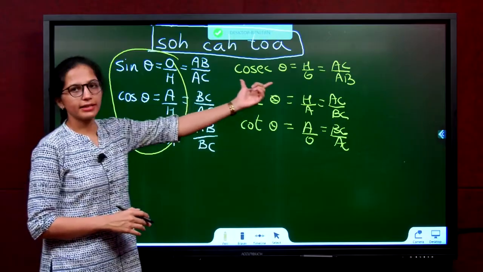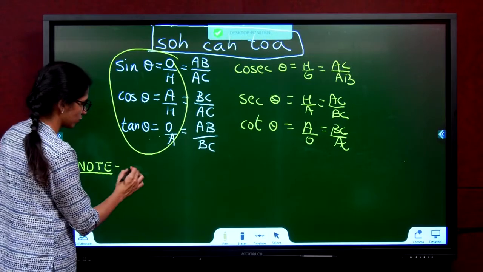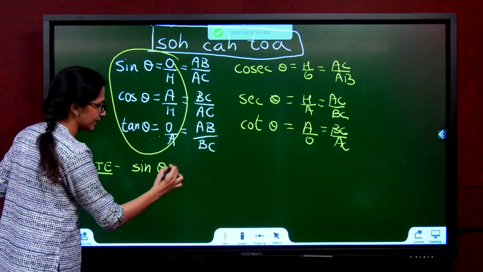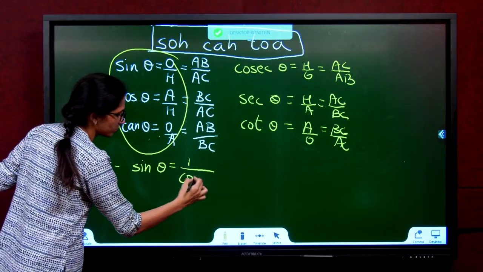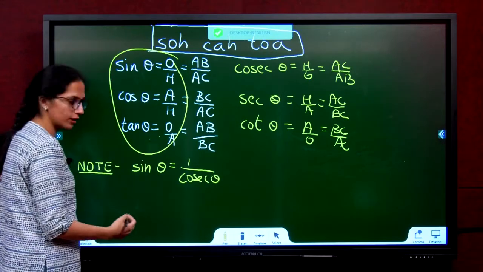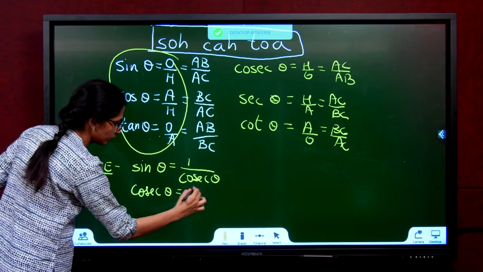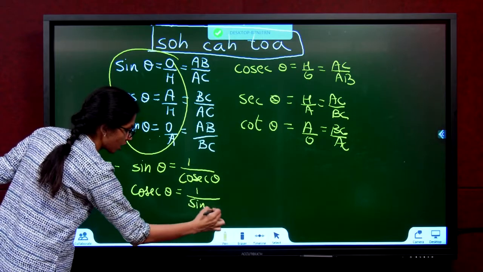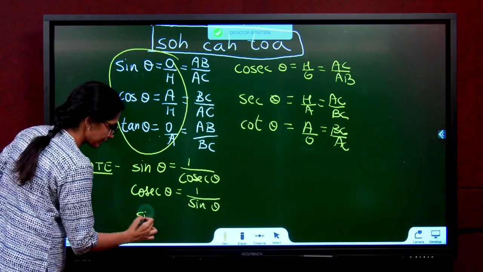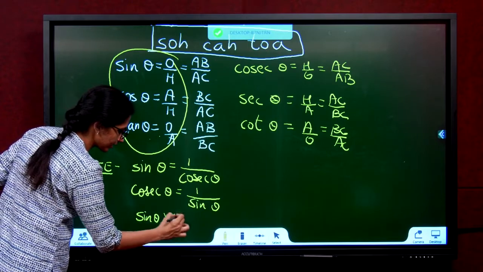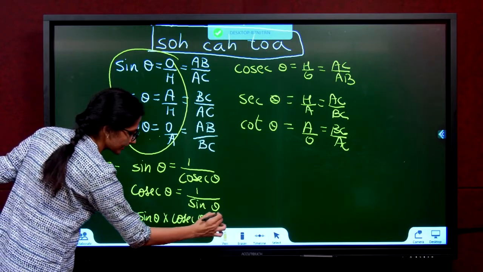Sin theta and cosec theta are reciprocals of each other. So you can write sin theta is equal to 1 by cosec theta, or cosec theta is equal to 1 by sin theta, or sine theta into cosec theta is 1.